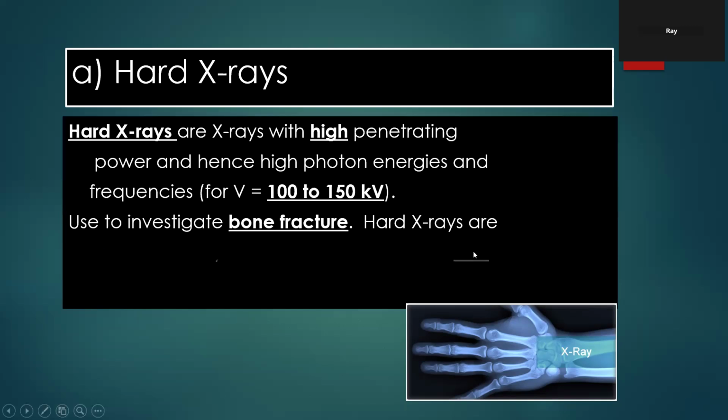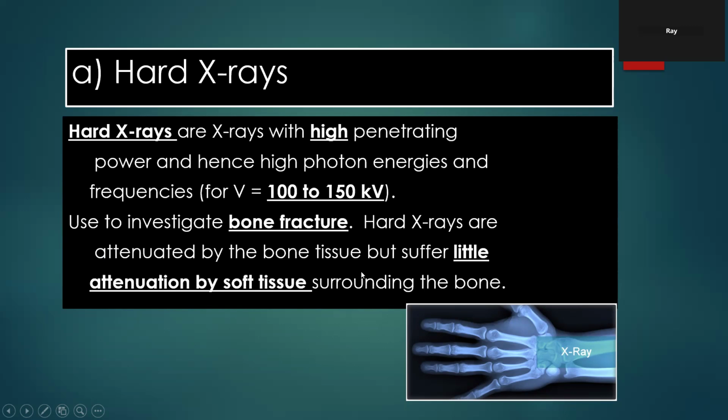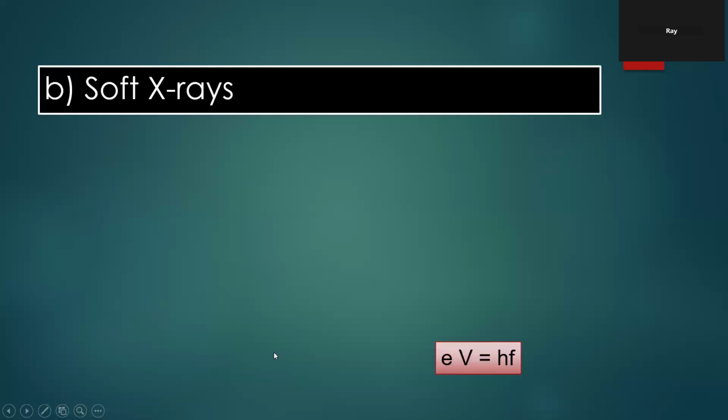Hard X-rays are attenuated by bone tissue but suffer little attenuation by the soft tissue surrounding the bone. Right? Attenuated means it loses energy, or absorption, or reduction in amplitude. Either it loses energy or it loses amplitude, if we think of it as waves.